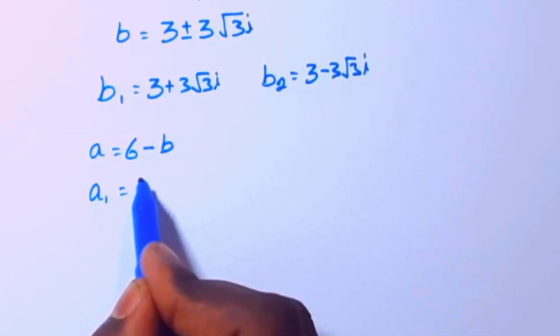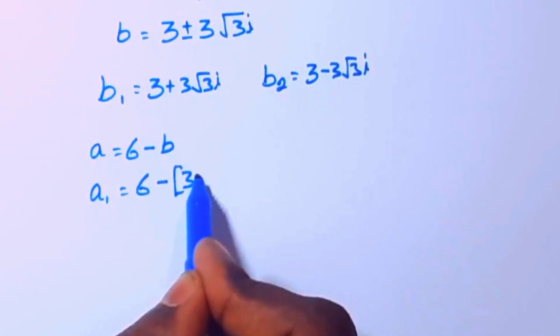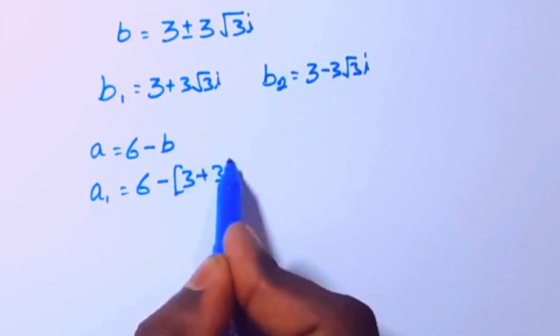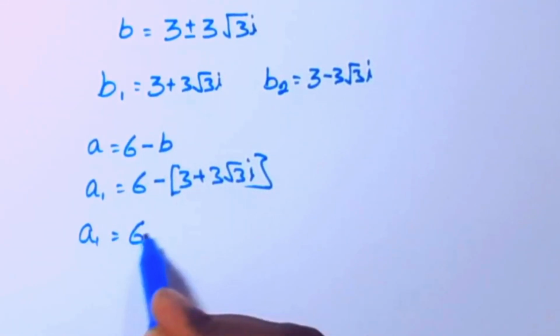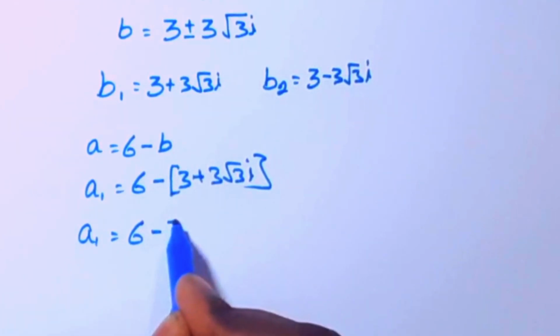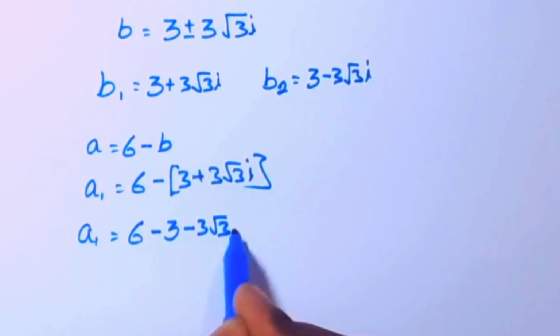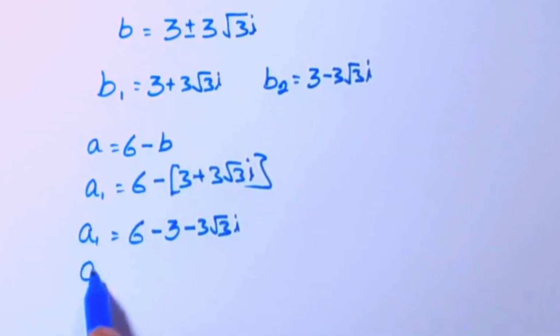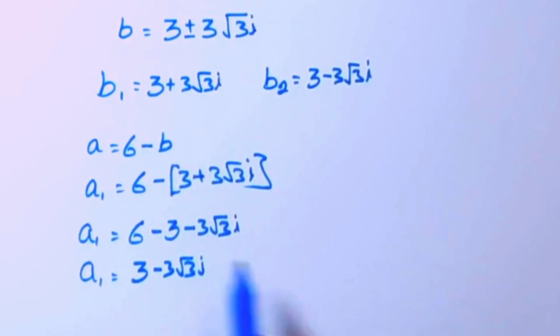So a1 equal to 6 minus open bracket 3 plus 3 square root of 3i. a1 equal to 6, this minus multiplied by minus, 3 minus 3 square root of 3i. Now a1 equal to 3 minus 3 square root of 3i.